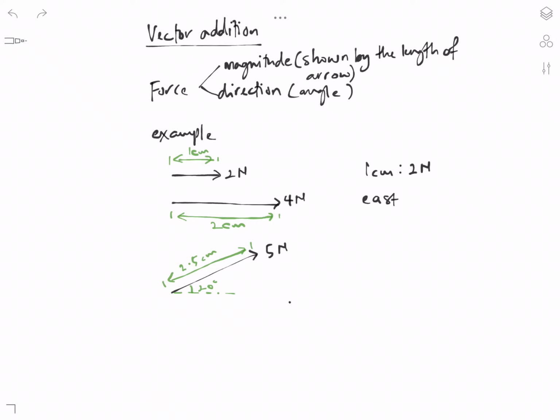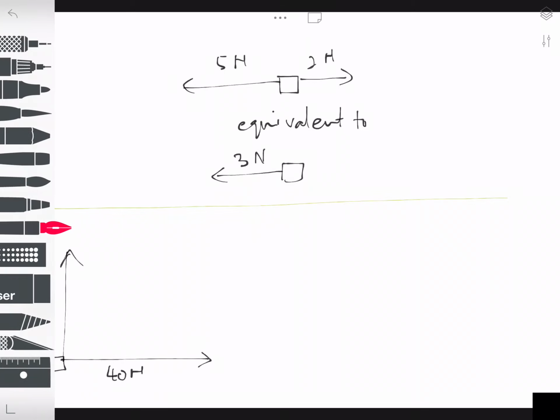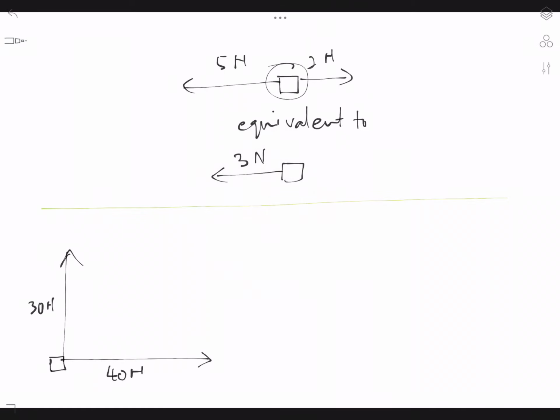Now we are going to talk about vector addition. You have one object here, and then the object is pulled to the right with a force of 2 Newton, and to the left 5 Newton. So we want to know where the object will move.